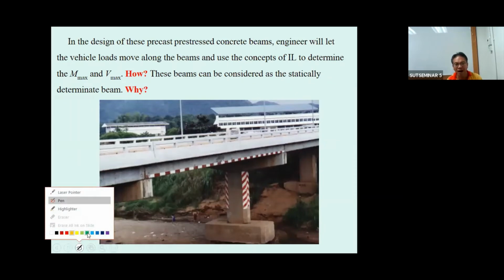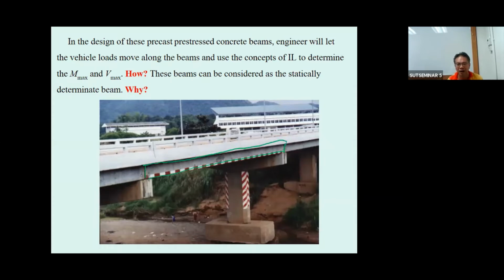To consider another example, consider the beam of the bridge. This is going to be a kind of precast prestressed concrete beam. We use a lot in Thailand to build the bridge, okay, the precast prestressed concrete beam. There are many of them across this one.